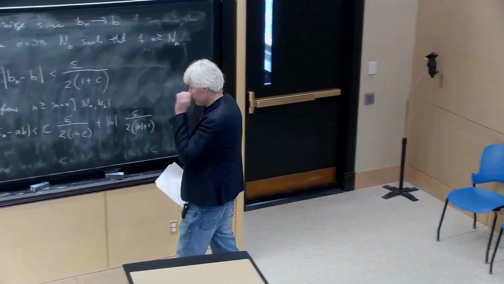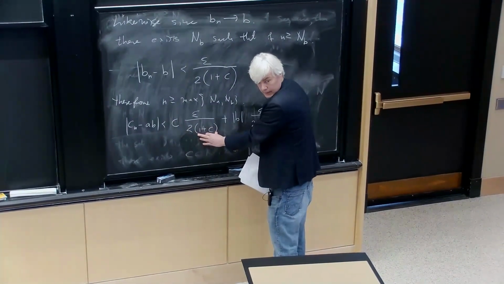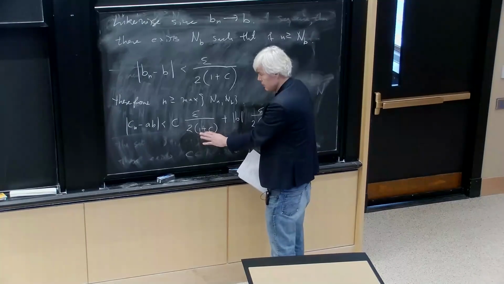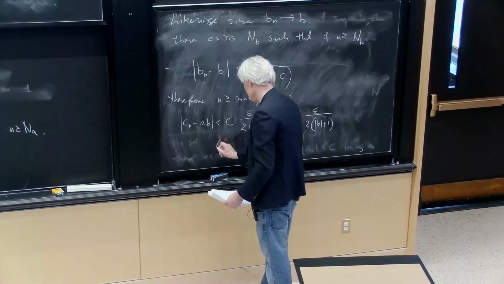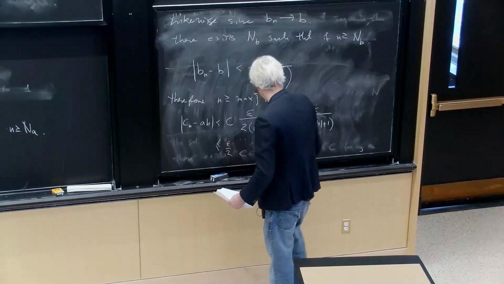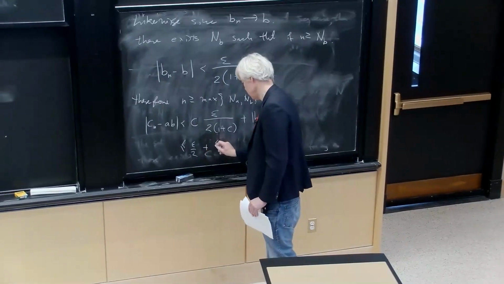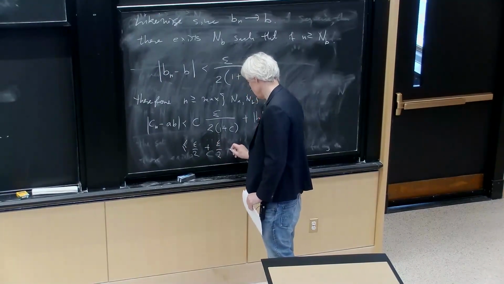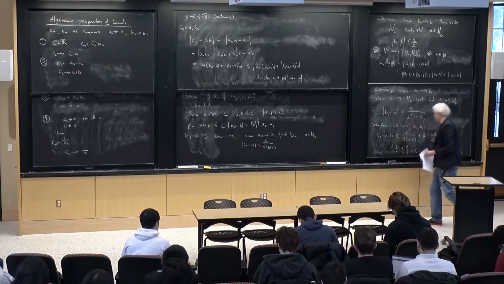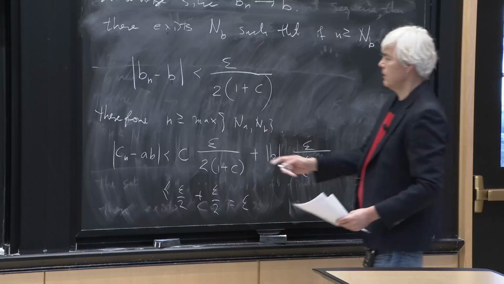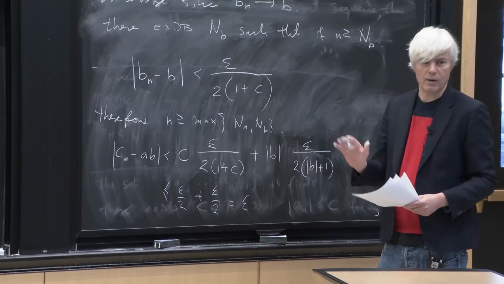But now you see that this thing here, C divided by 1 plus C, that's bounded by 1, right? So this thing here is bounded by epsilon over 2. And this thing here, same reason, is bounded by epsilon over 2. And so the whole thing was bounded by epsilon when little n was bigger than the maximum of these two. So in the end, I wrote out the whole proof.